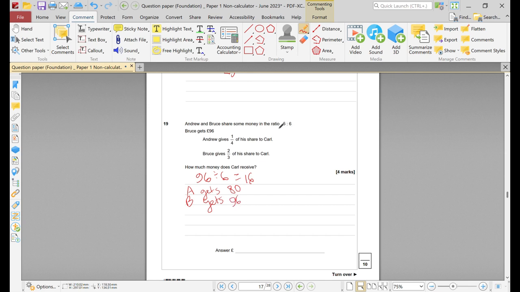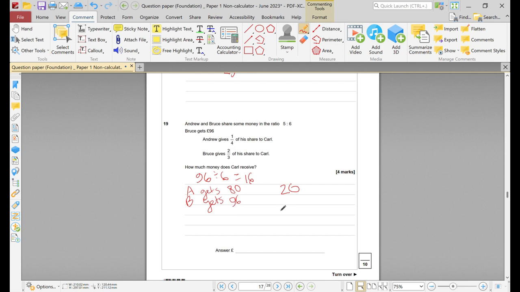And we know that those are split in a ratio of 5 to 6. Andrew gives a quarter of his share to Carl, so a quarter of it is 80 divided by 4, which is 20. And he gives 2/3 of his share to Carl. Well, what's 1/3 of 96? 32.